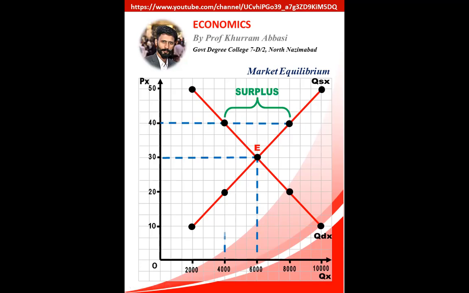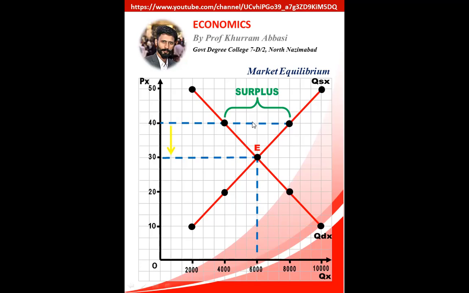Here, consumer has come to demand 4,000 units, but in the market there is a supply of 8,000 units. This gap is showing the surplus of 4,000 units.